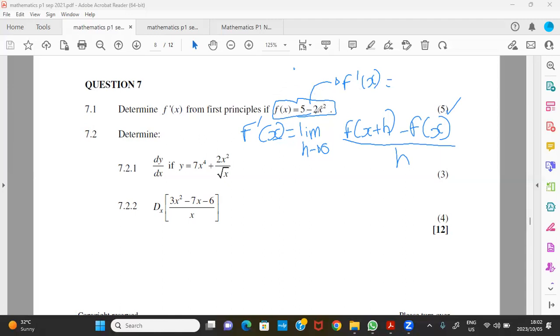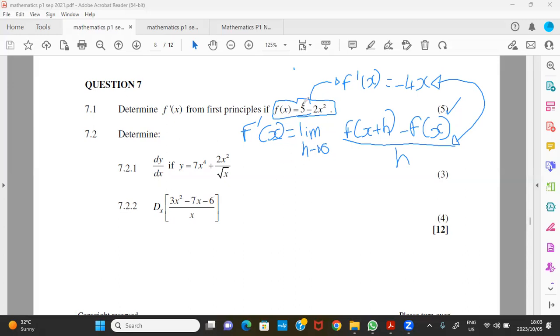But then this minus 2x squared is going to give us minus 4x. So after doing your first principles, you must get minus 4x. If you don't get minus 4x, that means there's a problem in your calculation. So it's just a way to double check. So we are not going to look at that.